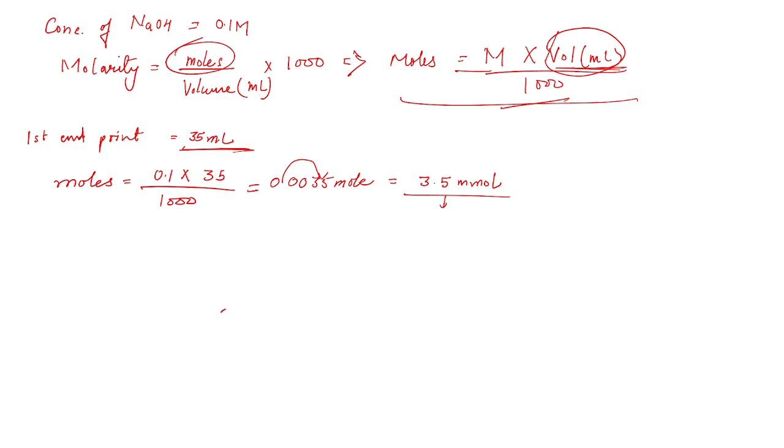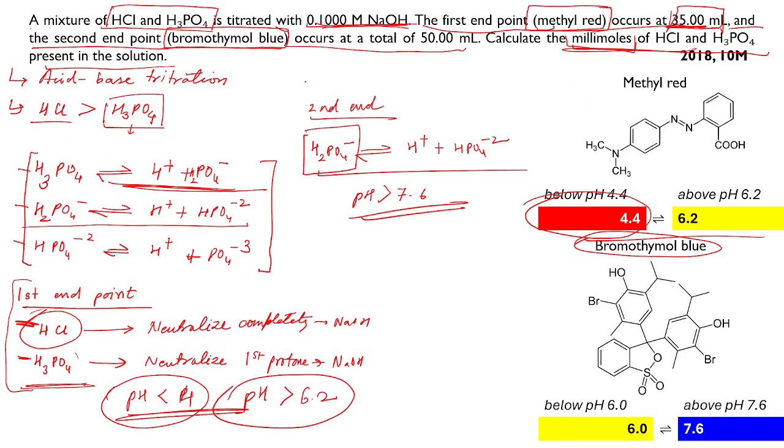So we cannot calculate the separate millimoles of HCl and H₃PO₄. This millimole value is for HCl as well as H₃PO₄. So we need to calculate either one of them, so that we can subtract it and find the millimoles of the second one. So now comes the second endpoint.